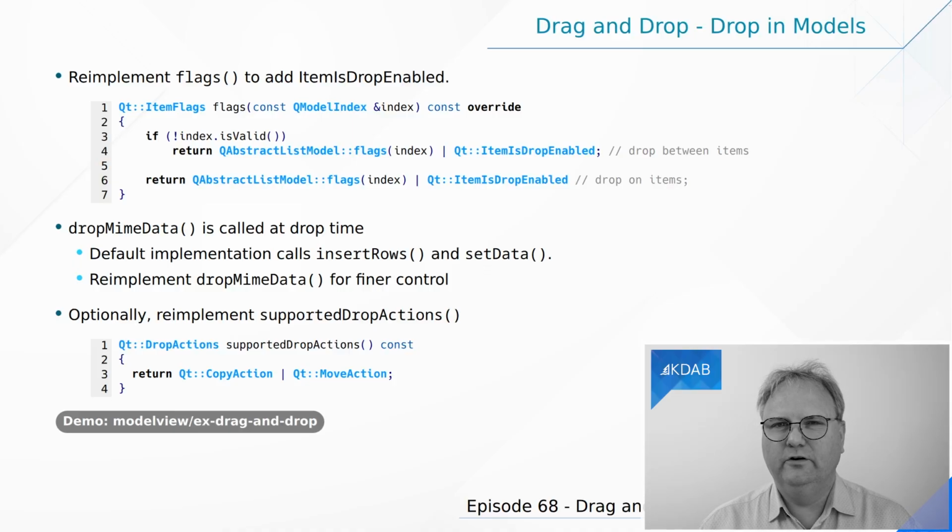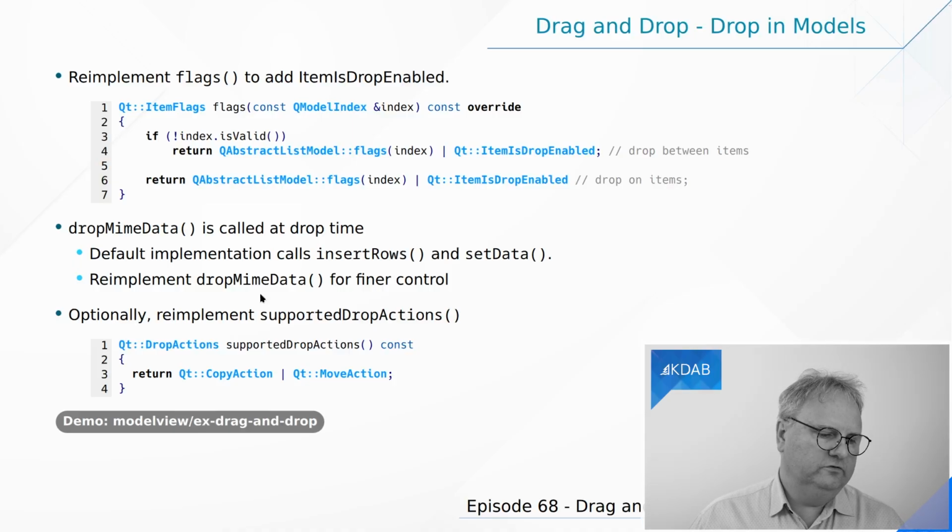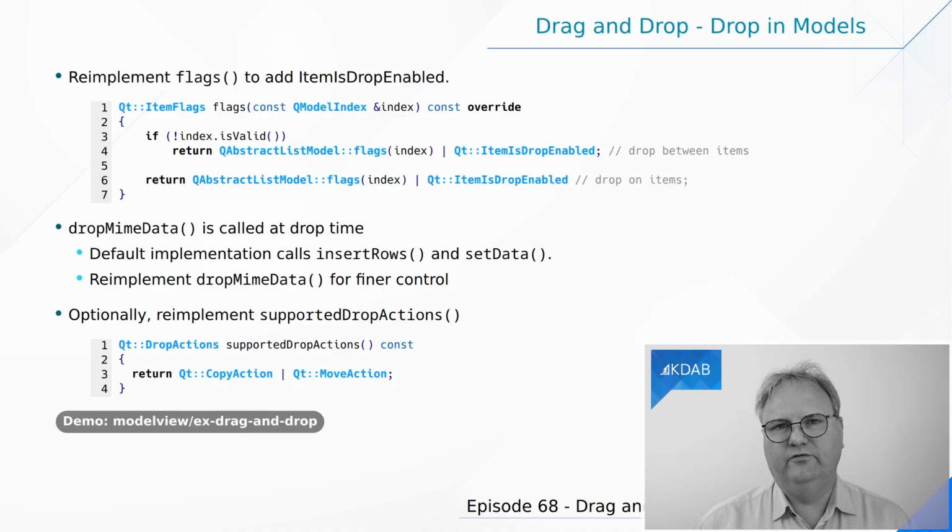But if I want finer control for one reason or the other, then I can re-implement dropMimeData. And then as for the drag side, I can also specify which actions I support simply by supportedDropActions. Yes, you can copy on me, you can move on me, or you can just copy on me or just link or whatever on me. And that's everything there is to know. Let me just show you all these bits put together in an example right now.